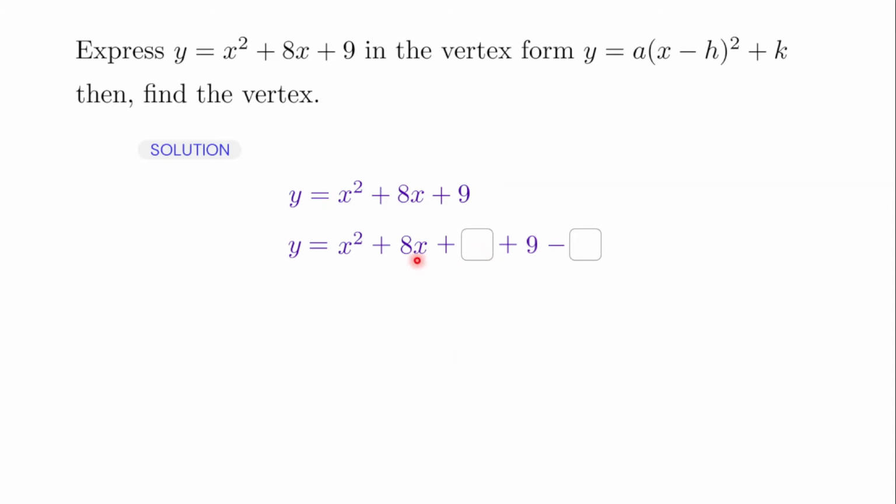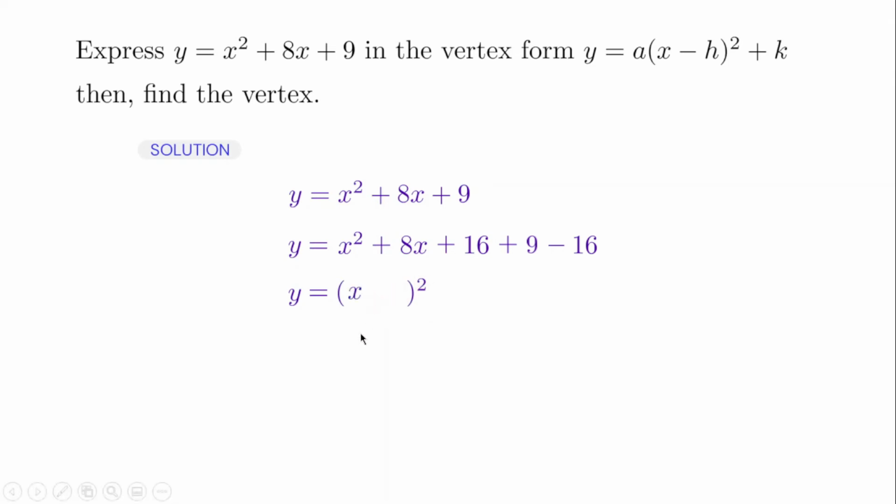We simply divide the numerical coefficient of x, or 8, by 2. So 8 divided by 2 is 4. And then we square. So 4 squared, we have 16. So we added plus 16, so we have to subtract 16. Next, since x squared plus 8x plus 16 is a perfect square trinomial, we can rewrite that as the square of a binomial.